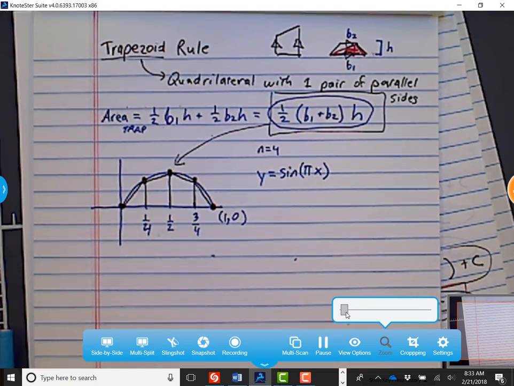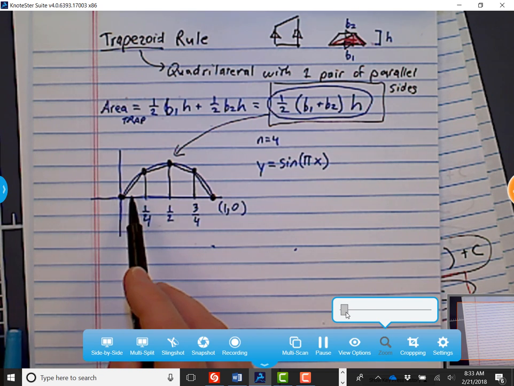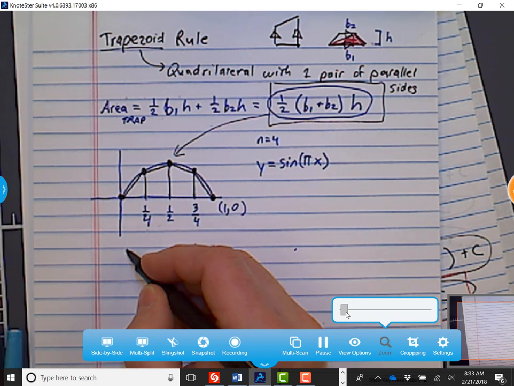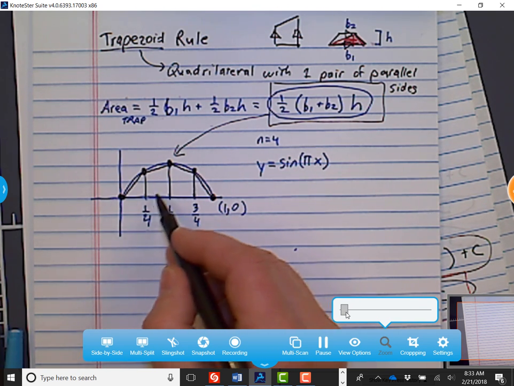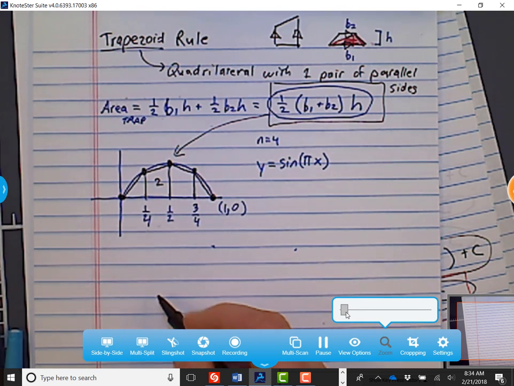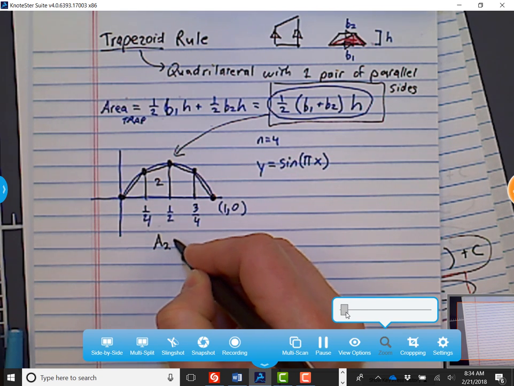Now, if you think about how that works, suppose I had 4 trapezoids. What you could do is you could say, well, any trapezoid I have, like take this one. This is trapezoid number 2, right? So I'll call that area number 2, all right?